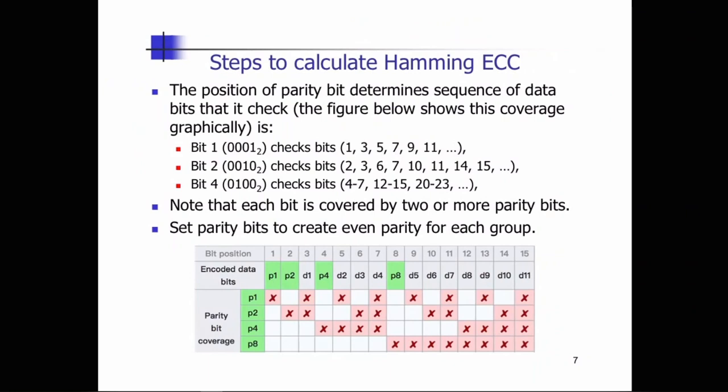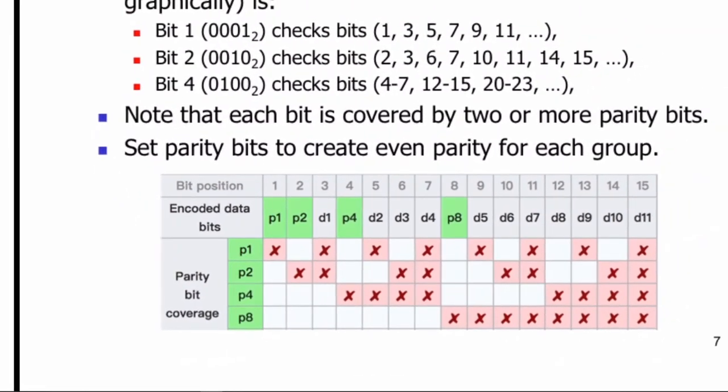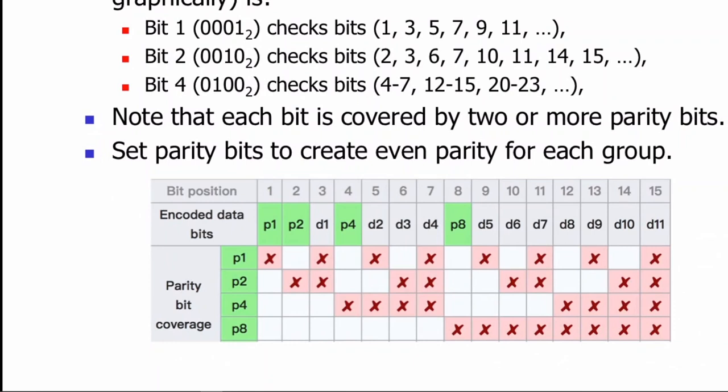We continue the discussion of steps to calculate the Hamming code, error correction code. Now, the position of parity bit determines the sequence of data bits that it checks. So for example, if I zoom in over here, bit 1, now how do I find what bit should I write here, a 0 or a 1?